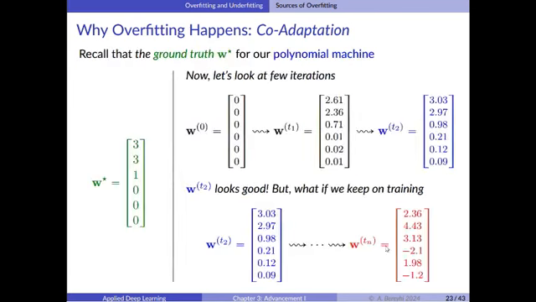Start training it, and you can see that the final goal is to reach this point, which is the optimal and best answer to this optimization. But you can see you're getting closer in time t2, but in time t of n you're getting worse.